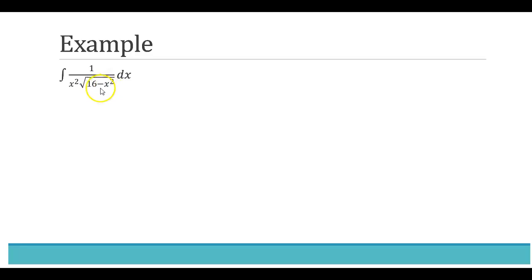Now, to help you think about which trig substitution, I'm going to do a quick example up here where, let's say I had to evaluate the integral of 1 over the square root of 16 minus x squared dx. So almost the same integral except minus this x squared piece right here. I'm removing the x squared in front. Well, this problem actually has a general antiderivative.